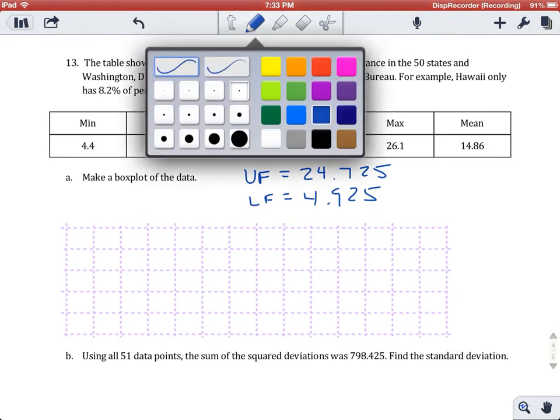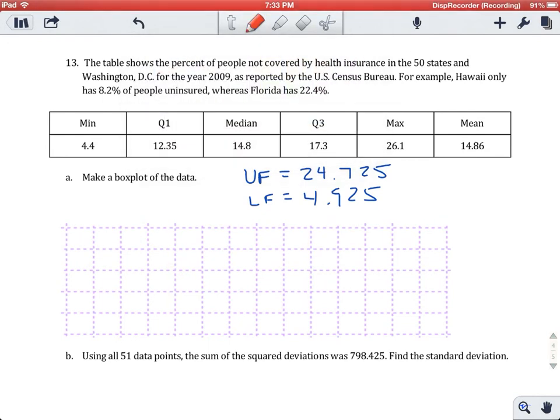So the other thing I was looking for, as I jot down some of these numbers, is a title, of course, and then some kind of a scale, and the scale that we're talking about is a percentage down here. So some label that these are percentages, as it tells you in the question prompt.